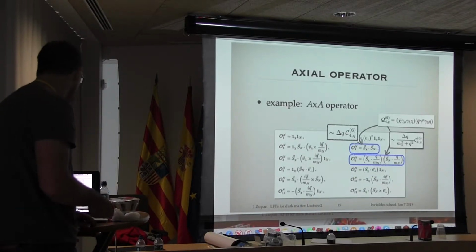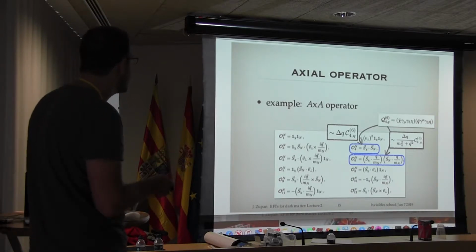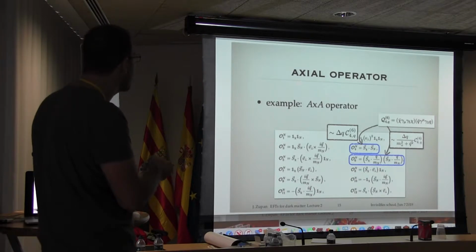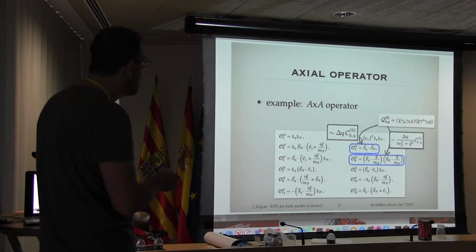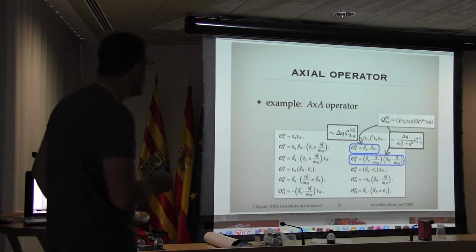All right. So why is this? What does this mean? It means the following. Let's say I take the classical axial operator, so I have an axial current on the dark matter side, and an axial current on the quark side. This will match onto two non-relativistic operators. One is the spin times spin, where there's no pion pole. This is just the axial charge of a proton for a particular quark, for instance.